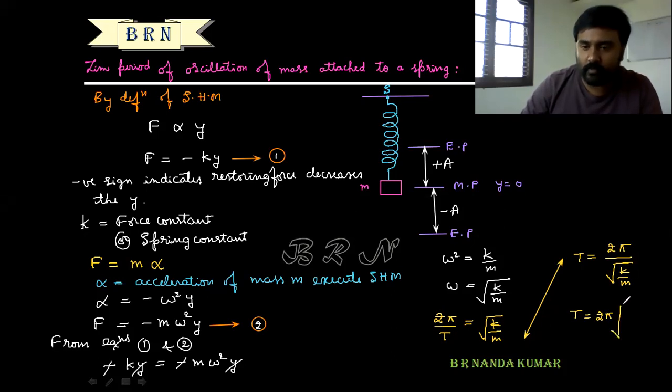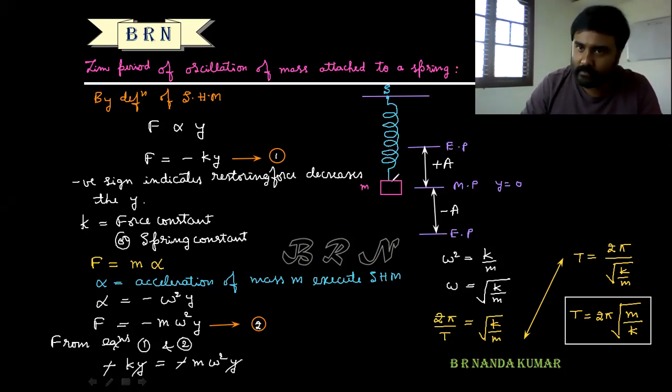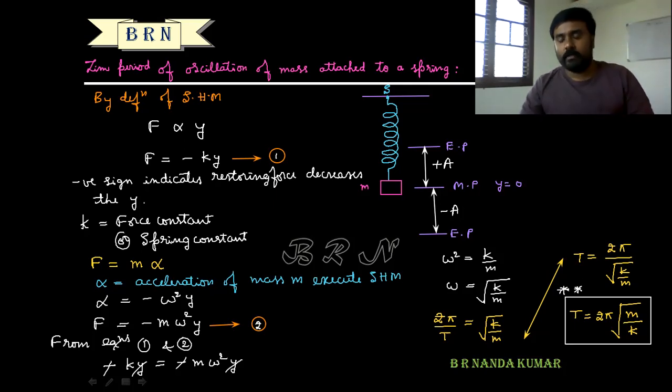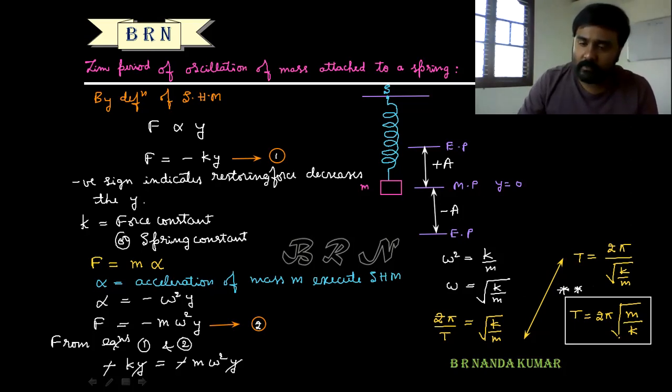This is the mathematical expression for the time period of oscillation of a load attached to a spring, and this is a very, very, very important expression. Here m is the mass of the block and k is the force constant, the spring constant.